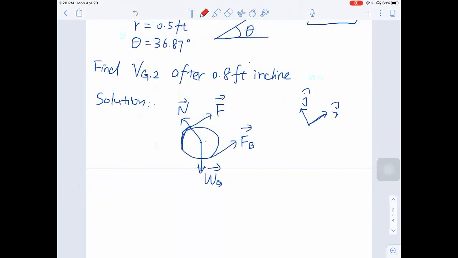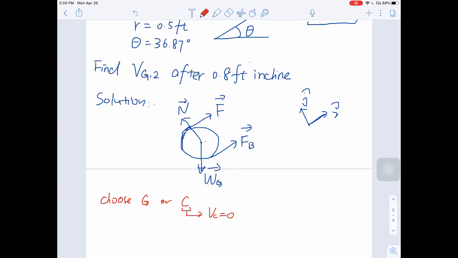So in this problem, you can choose either point G or point C to calculate kinetic energy. Either way is okay. The reason we can pick C is because the velocity at point C is 0.